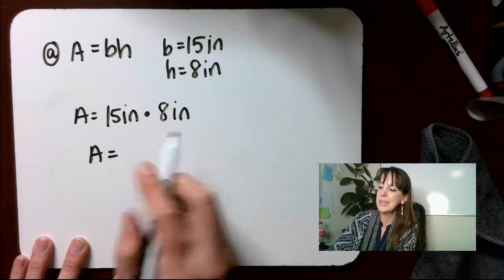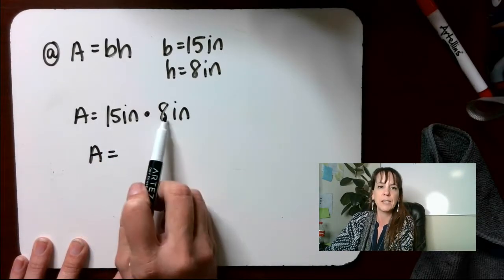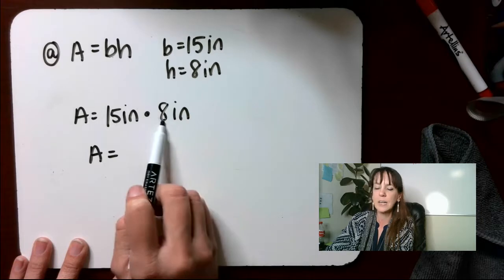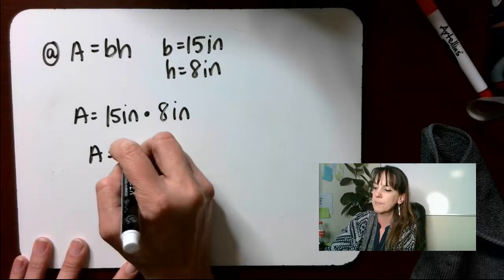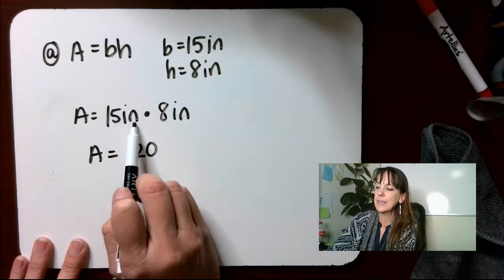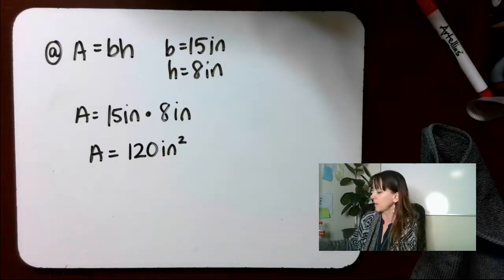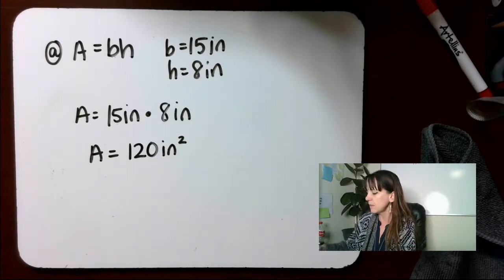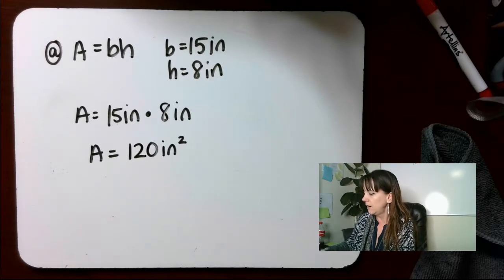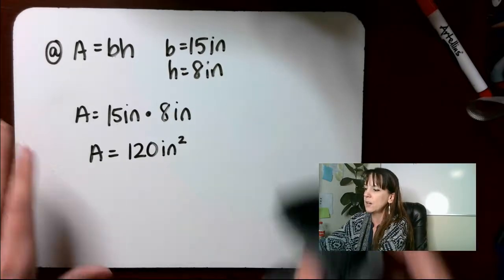Area equals, mentally, I could double this and cut this in half. That gives me 30 times 4, which is 120. 120 inches times inches gives me inches squared.